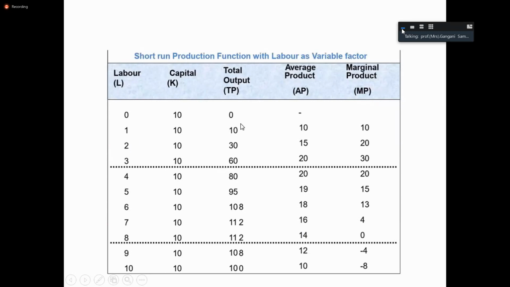So you only need to take the change of output to calculate the marginal product, because the change of input is fixed here. I mean 1, 1, 1, 1. Divide by 1, we can take the same way. Now clear how to take the marginal product?